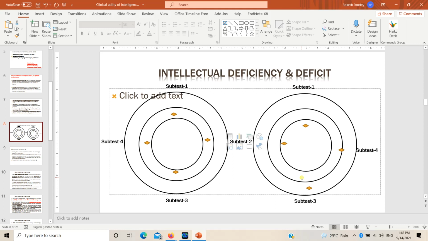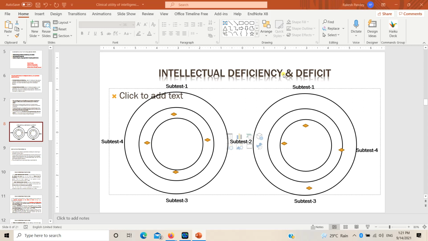For differentiating intellectual deficiency and deficit, we must have some knowledge of the IQ level of the individual before he or she presents before the clinician. That is the premorbid IQ. So when he comes to us with some psychopathology and we are assessing his or her intelligence, if we have some estimate of premorbid IQ, we can compare.